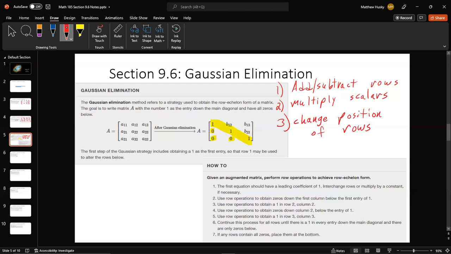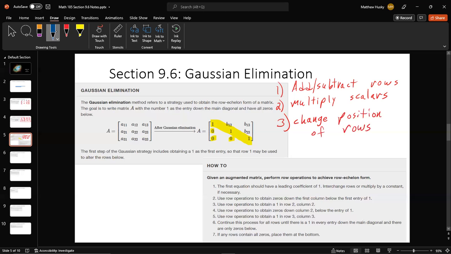Something else that I'm going to observe for how this strategy is going to go, and this is kind of like what they're talking about down here. They're saying use row operations to obtain zeros down the first column below the first entry.